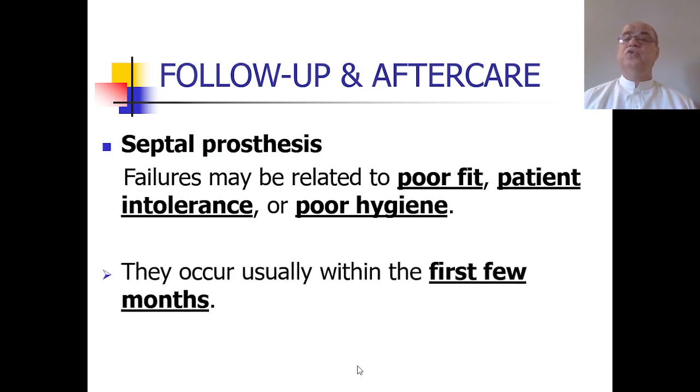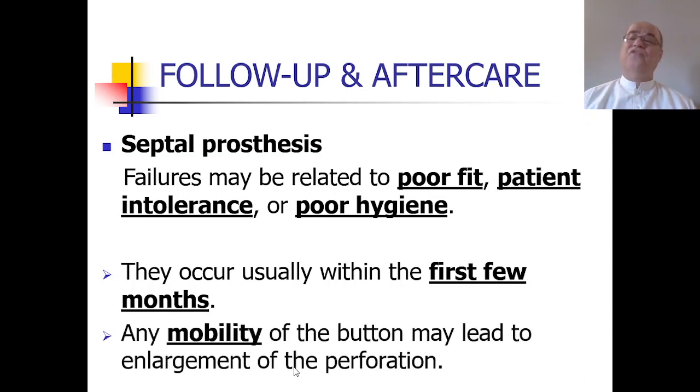These problems usually occur within the first few months. And if the button is of smaller size and keeps on moving, the mobility of the button may lead to enlargement of the perforation.